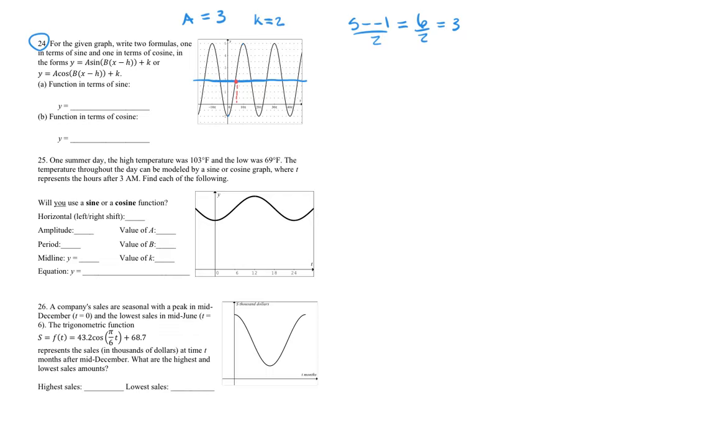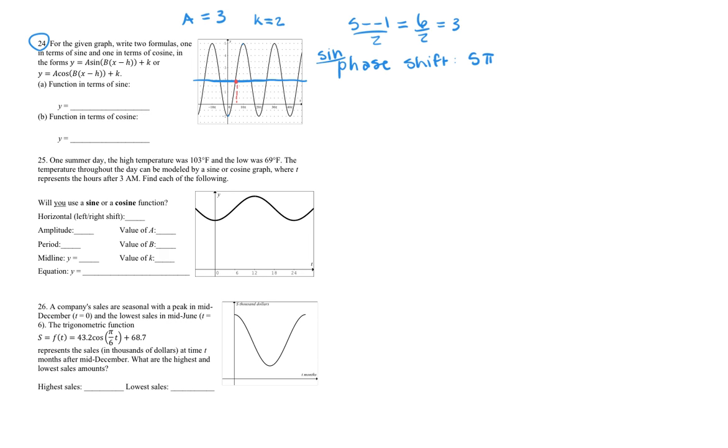So it looks like we may have had a phase shift of about 5 pi, and this is for our sine function. It's been shifted over by about 5 pi.